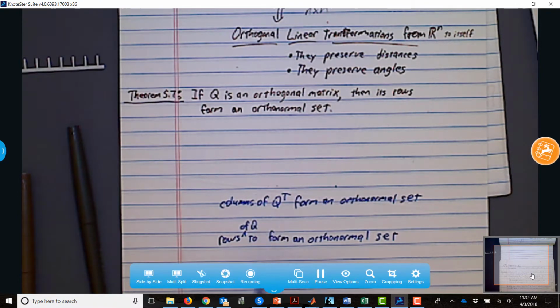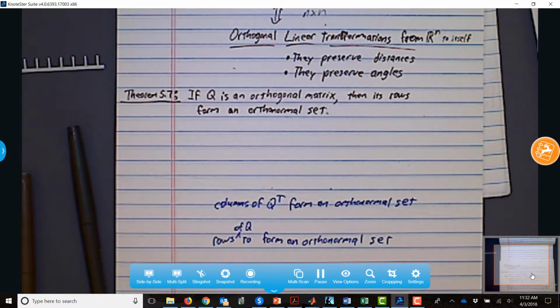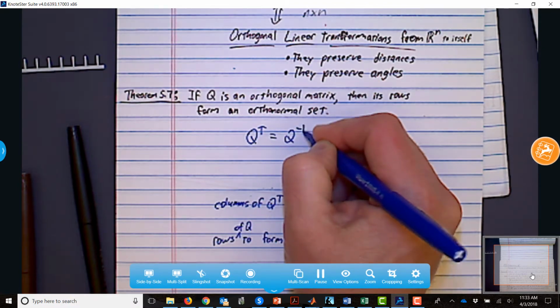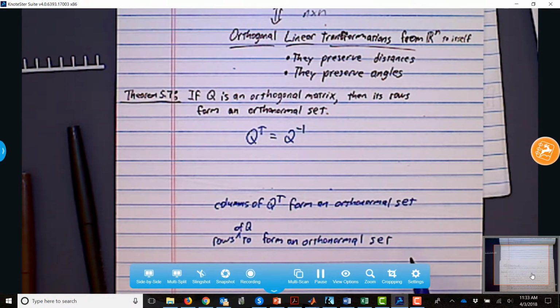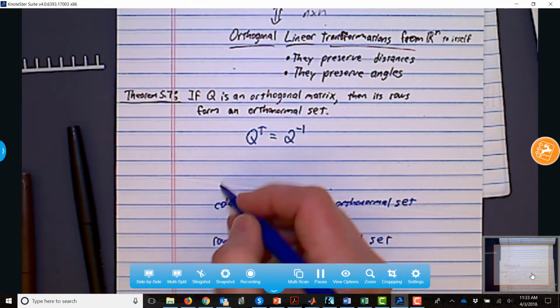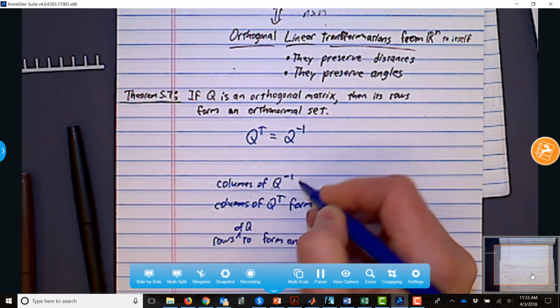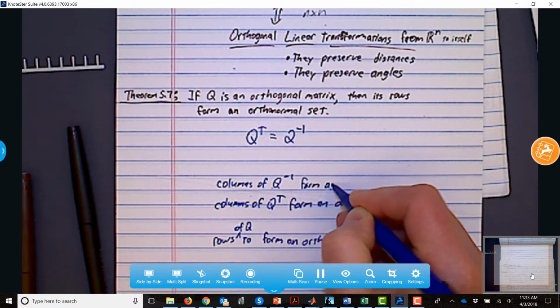Basically, you want to show that Q transpose is an orthogonal matrix, right? You have to work with the inverse, since you know that the inverse. So yeah, the inverse is involved, right? Didn't we have a theorem? I forget which number it was, but Q transpose is the same as what? So we know that Q transpose is equal to Q inverse, right? So I guess what we need is to show that the columns of Q inverse form an orthonormal set, and that would do it, right?